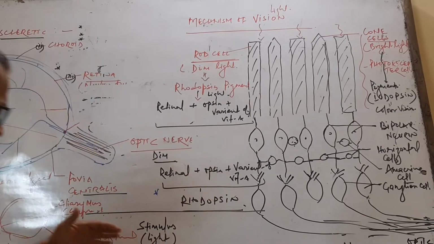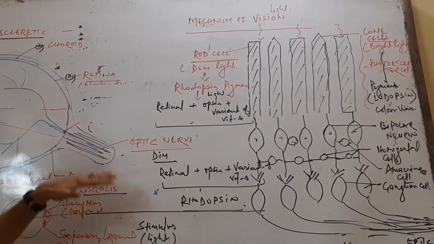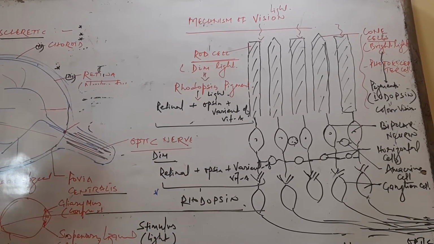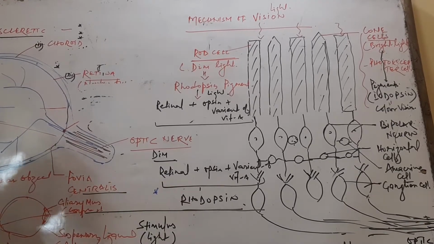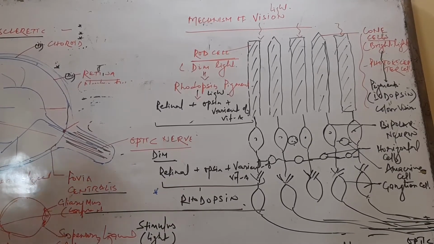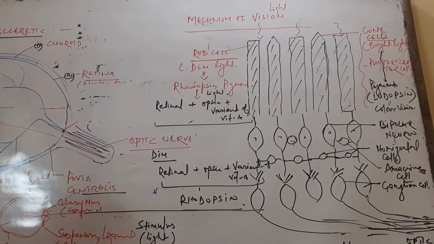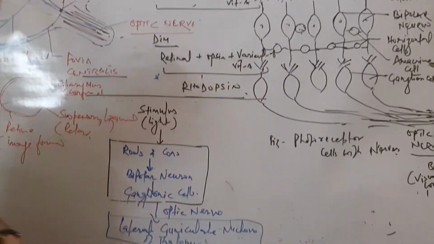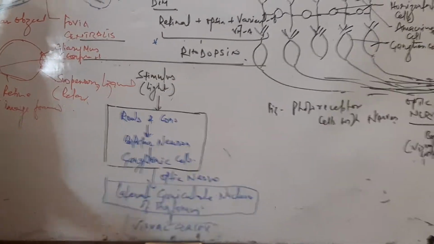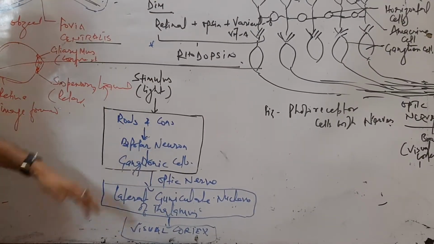So light reaching the inner surface of the retina is received by rod and cone cells, transferred to the bipolar cells, then the ganglion cells receive the light images and form the optic nerves. The optic nerves pass through the geniculate nucleus and ultimately reach the visual cortex, where the real images are formed. So this is the process.